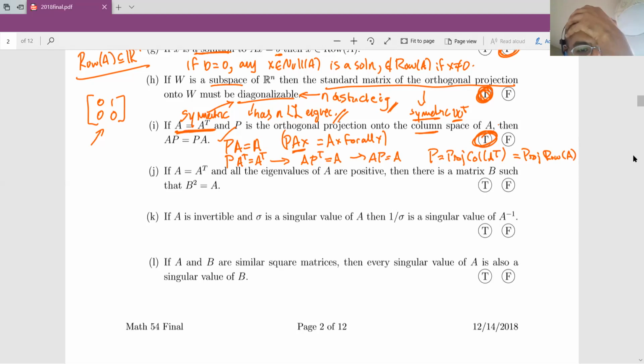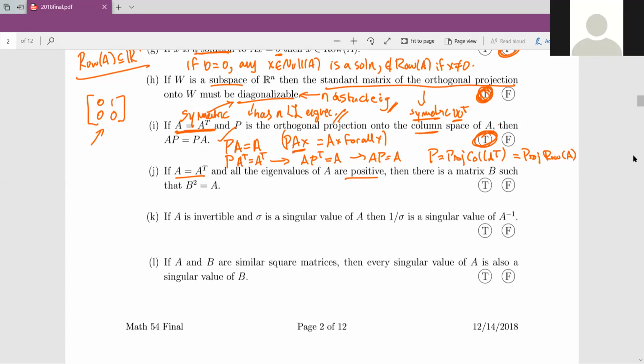What do you know about symmetric matrices and their eigenvalues? You know that all the eigenvalues are real, and they're all positive. What do you know about the eigenvectors?